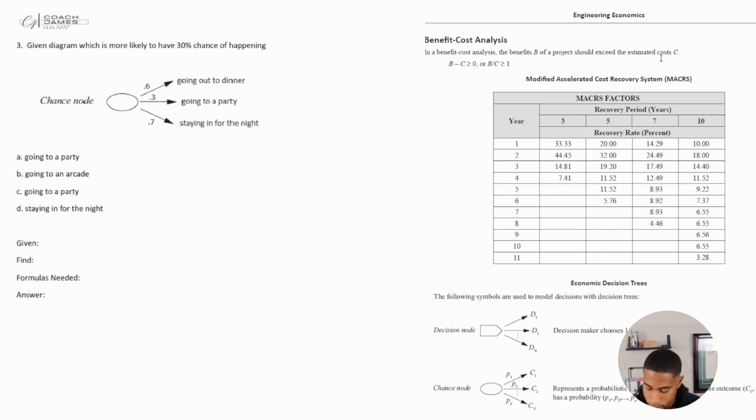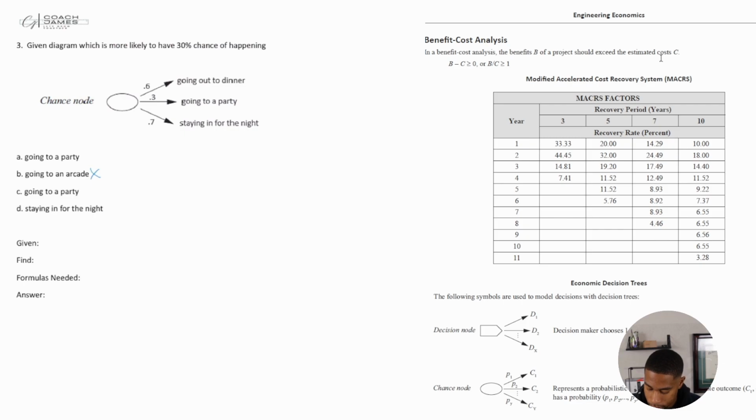I see going to dinner, going to a party, staying in for the night. Our answer choices are going to a party, going to an arcade. I don't even see that in this chance node, so how is that even possible? Just from process of elimination, I don't think it's going to be B. We're staying in for the night. Cool.